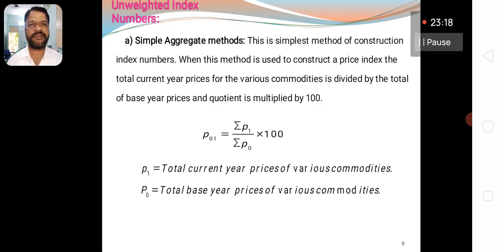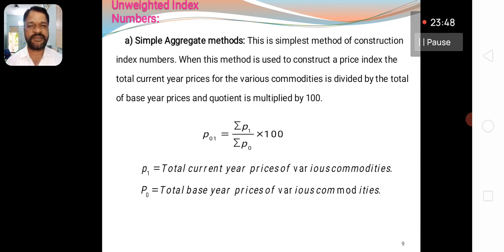In the simple aggregative method, which is the simplest method of construction of an index number, when used to construct the price index, the total of the current year prices of the various commodities is divided by the total of the base year prices, and the coefficient is multiplied by 100.